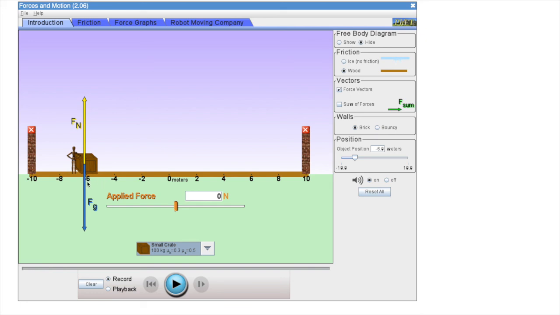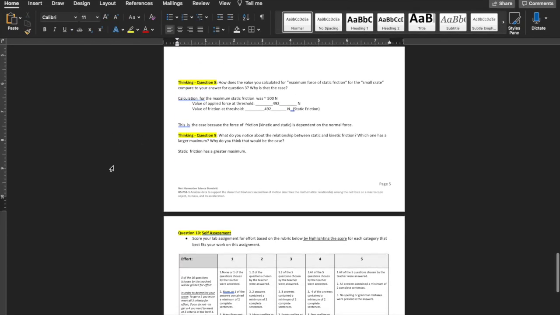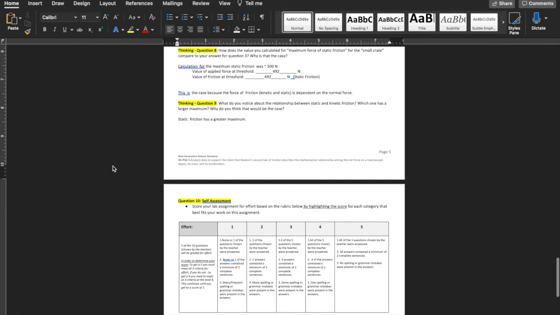There must be some additional interaction between the surface of the ground and the bottom of the box. You could think of this as a rough surface against a rough surface. When they're just sitting there, perhaps it is able to really press in and interlock with the surface below it, whereas as it's moving, it's not able to do that as much. And so overall, we see that static friction is greater than kinetic friction.